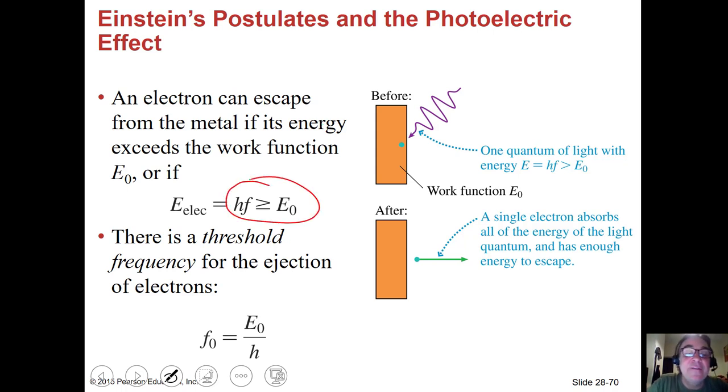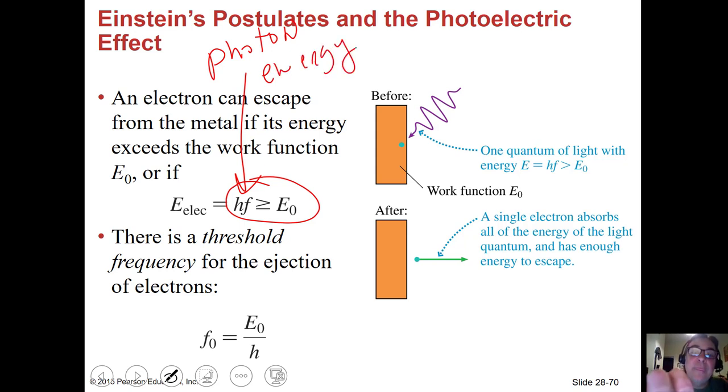So hf is the energy that the photon has, the photon energy. The author of the book calls it energy of electron, but really, where did the electron get the energy from? It got it from the photon.